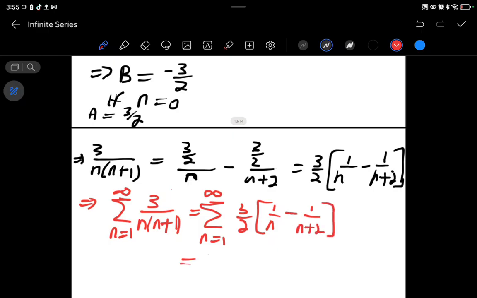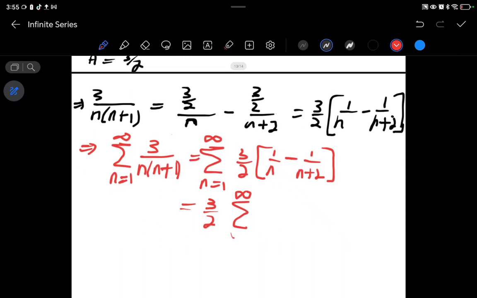So this will be 3 over 2. We need brackets if we're putting this because there is a minus in between, right? Even if you write a plus, we need brackets to cover both terms.